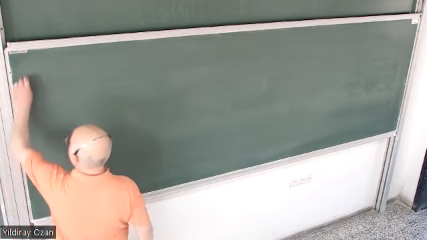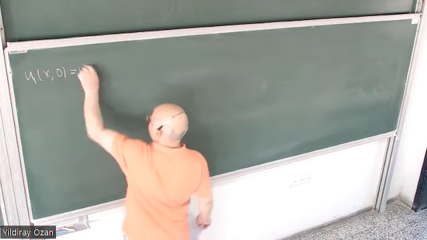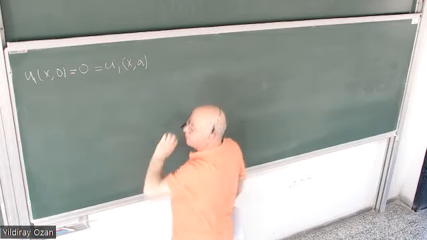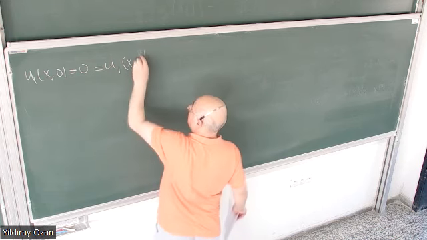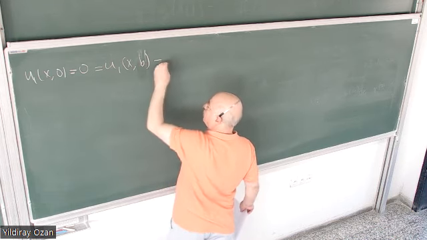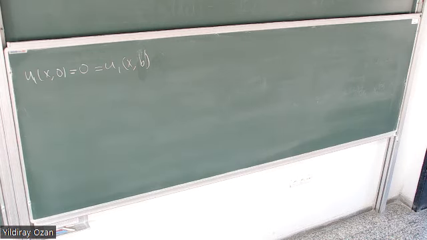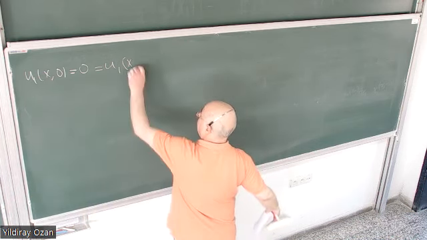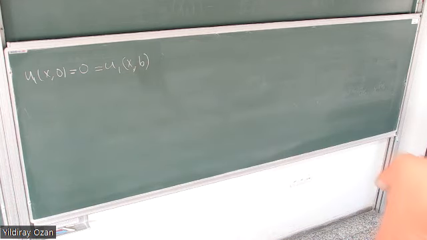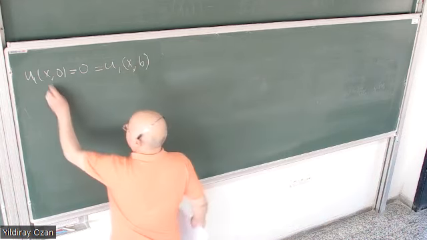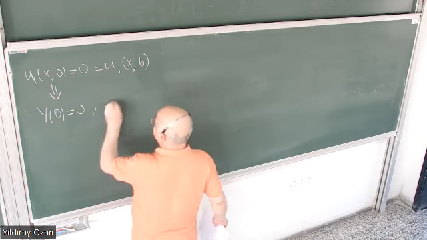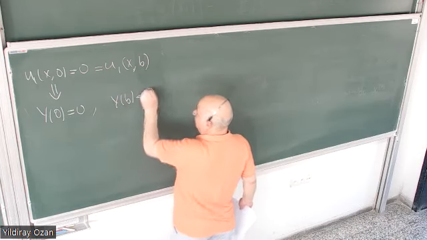These conditions, u1 at x0 equals 0, and u1 at xb, no, not xb, I'm sorry. The conditions give Y of 0 is 0 and Y of b equals 0.